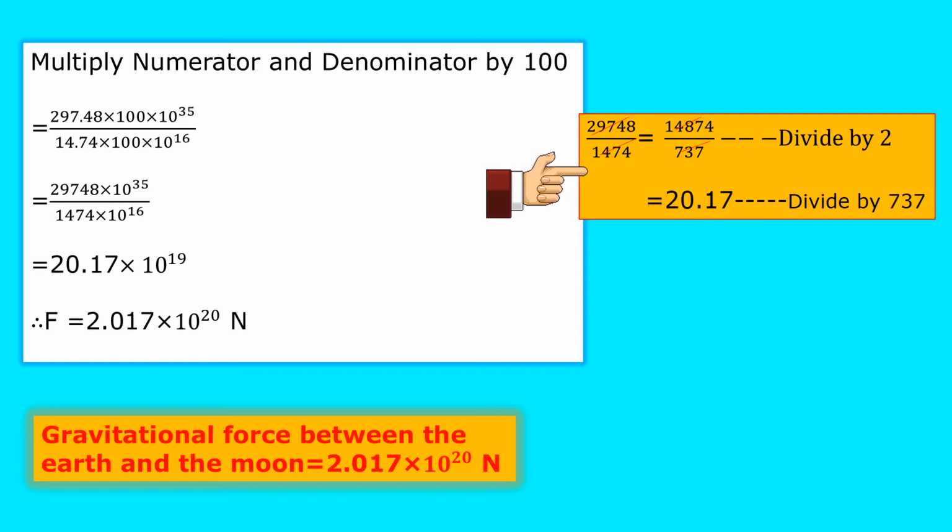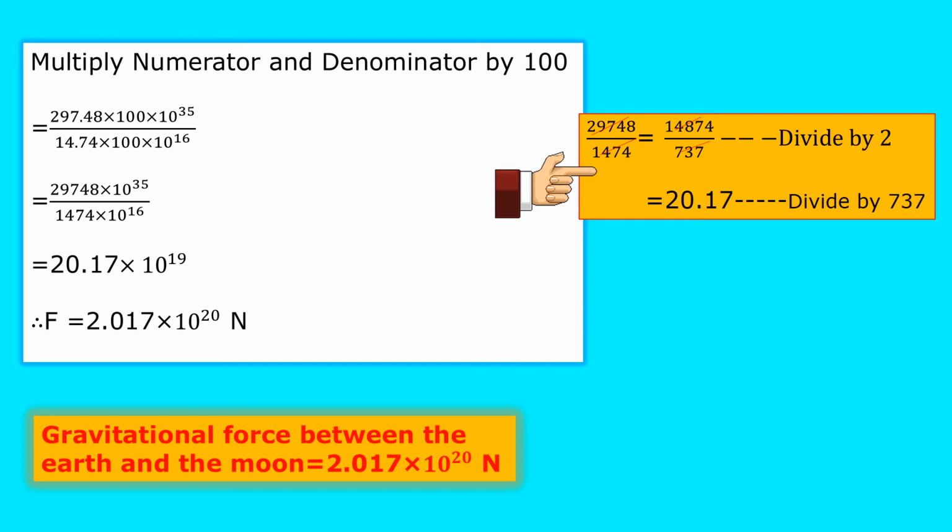Now we have to divide directly by 737. When we divide this by 737, we will get the answer 20.17. So this answer we will write on the left hand side, so it is equal to 20.17 into 10 raised to 19. Now you will ask me, children, how this 10 raised to 19 came. So in the denominator there is 10 raised to 16.